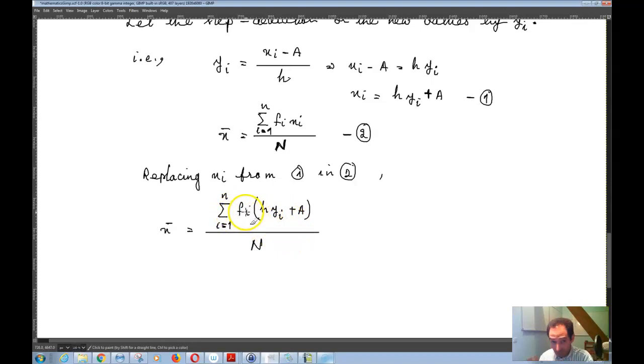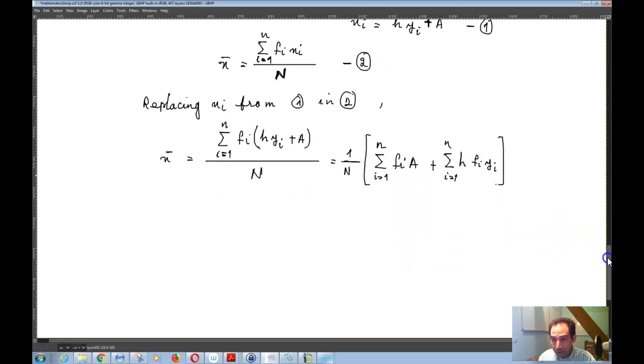I can write this as 1 over n times, sigma f of i times a as i goes from 1 to n, plus sigma f of i times h times y of i, sigma h times f of i y of i as i goes from 1 to n.